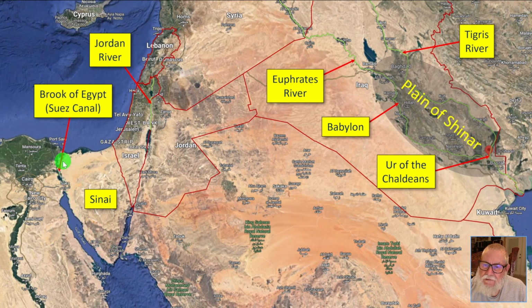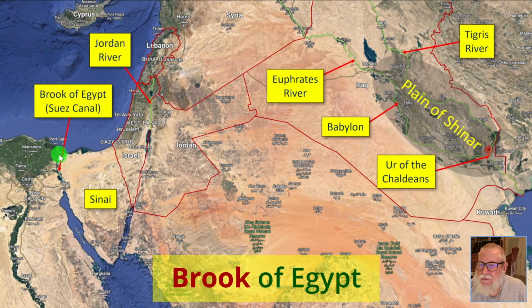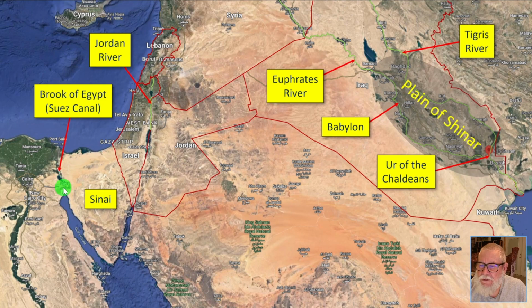Now, this Suez Canal shouldn't be confused with the River of Egypt. The River of Egypt, of course, is the Nile, and it starts from its headwaters that aren't shown on this map in the south, and it flows up through Egypt and into this delta before it empties into the Mediterranean Sea.